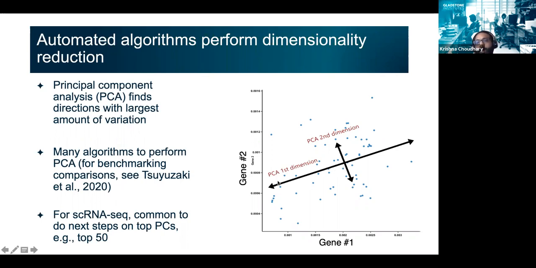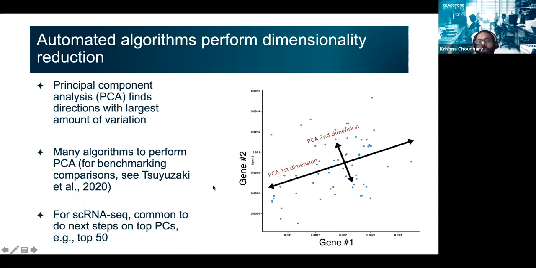And how do you do that? How do you identify in which direction the data is most stretched out or spread? Well, there are, as I mentioned, linear algebra techniques and algorithms out there. And this algorithm, PCA, was first developed at the turn of the 20th century. But since then, there are many variations of it.